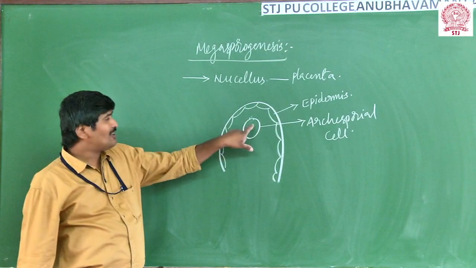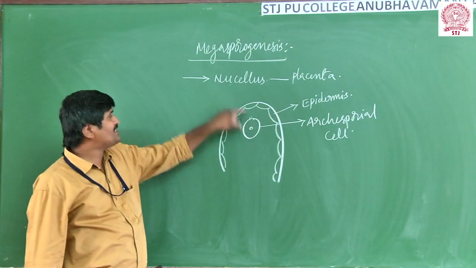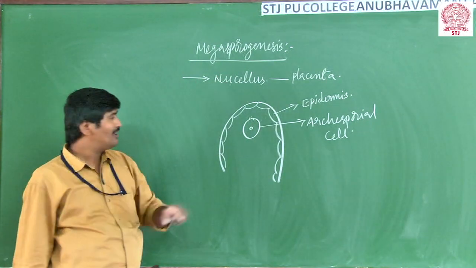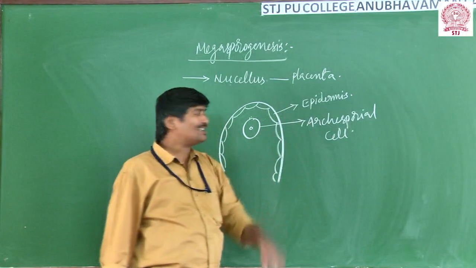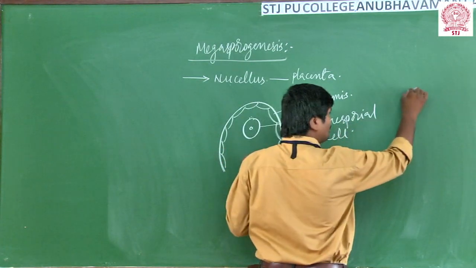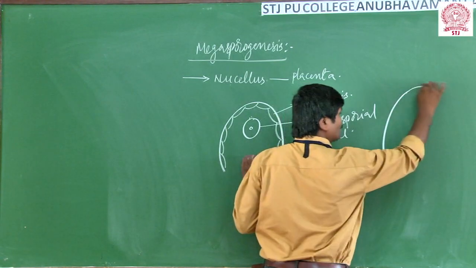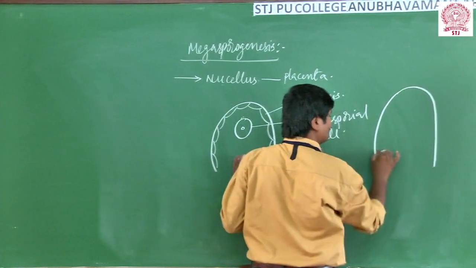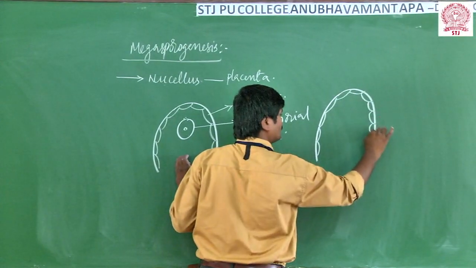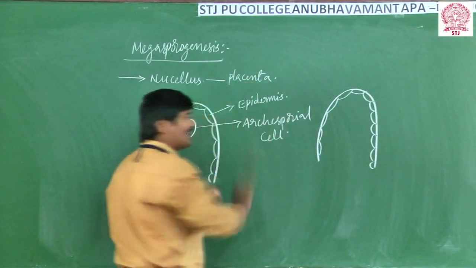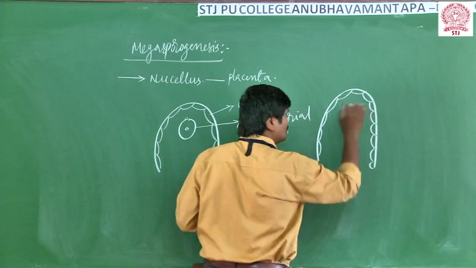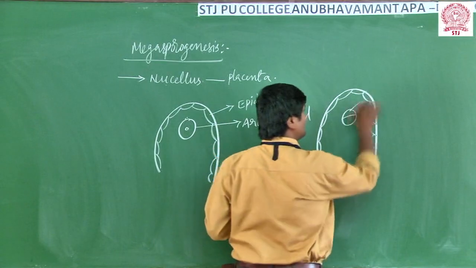Archisporial cell. This archisporial cell is differentiated from one of the hypodermal nucellus cells. Further, this archisporial cell undergoes mitotic division to give rise to two cells.